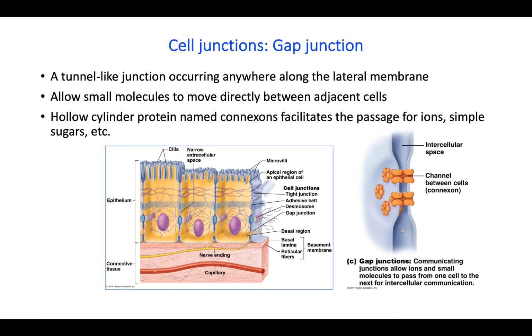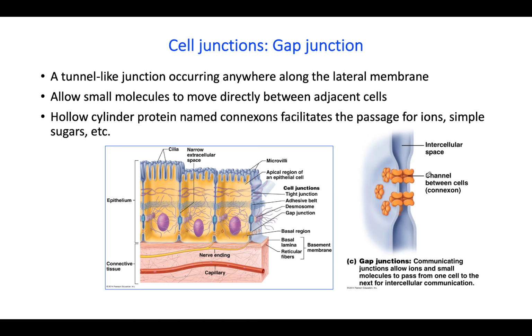One more type of cell junction is named gap junction. There is a gap. Okay? The cells closely bind together, but some kind of channel is formed, and therefore, even though the cells stay side by side, some substances can be exchanged.